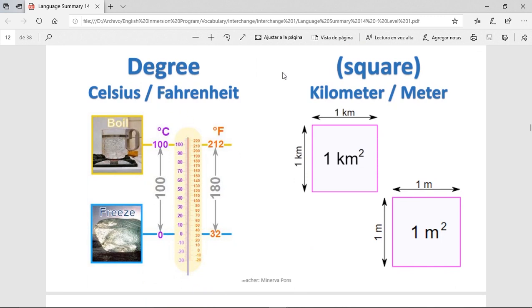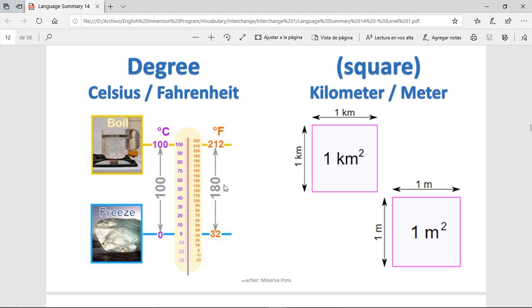Okay, we have degrees in the way of temperature. We have degrees Celsius and degrees Fahrenheit. At 100 degrees Celsius the water boils, and at 0 degrees Celsius the water freezes.